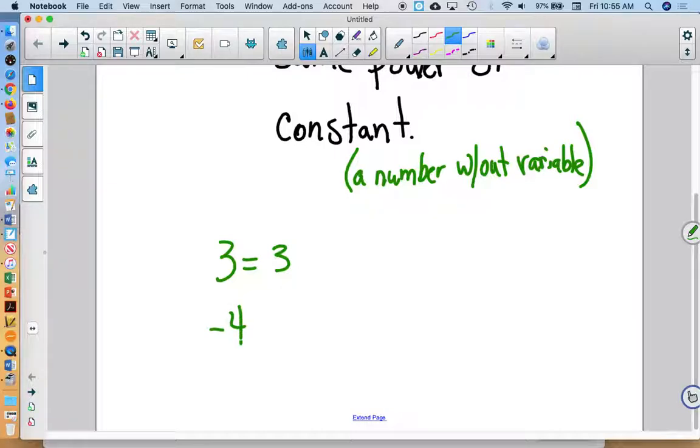Is negative 4 always going to be a negative 4? If I tell you you have 3 apples, is there any way you can count them any different and come up with a different number? No, it's always going to be 3. So that's kind of where that's at.